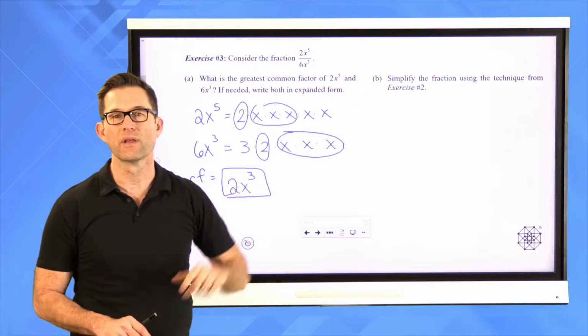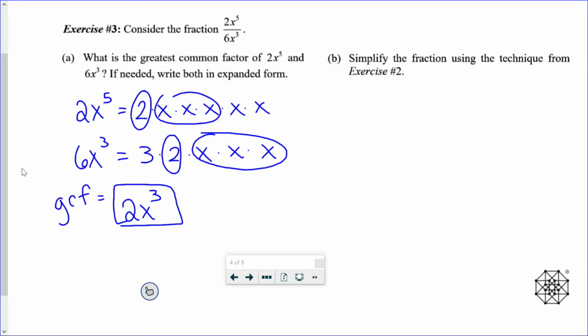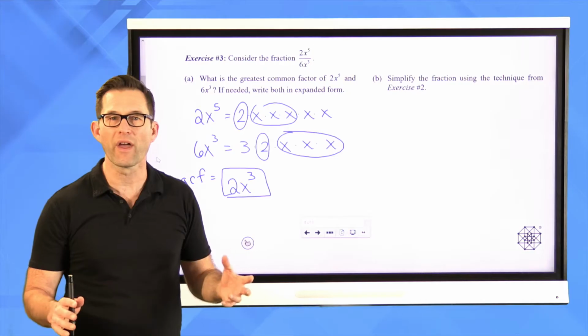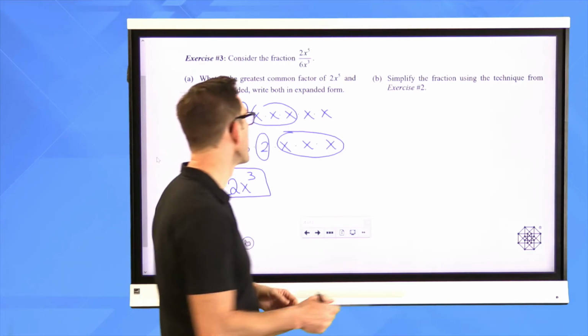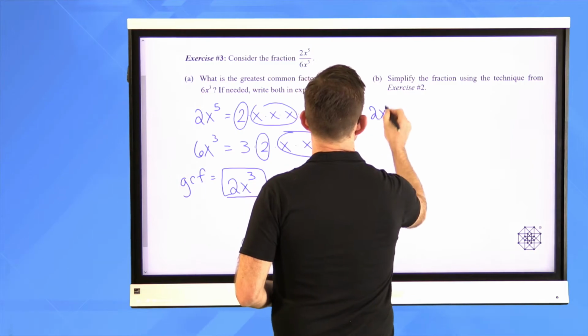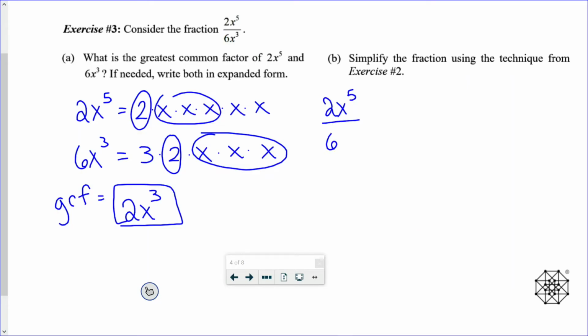Now let's take a look at letter B. Simplify the fraction using the technique from exercise 2. Okay, so here's how I'm going to think about it. 2x to the 5th divided by 6x to the 3rd is 2x to the 3rd times x to the 2nd all over 2x to the 3rd times 3.